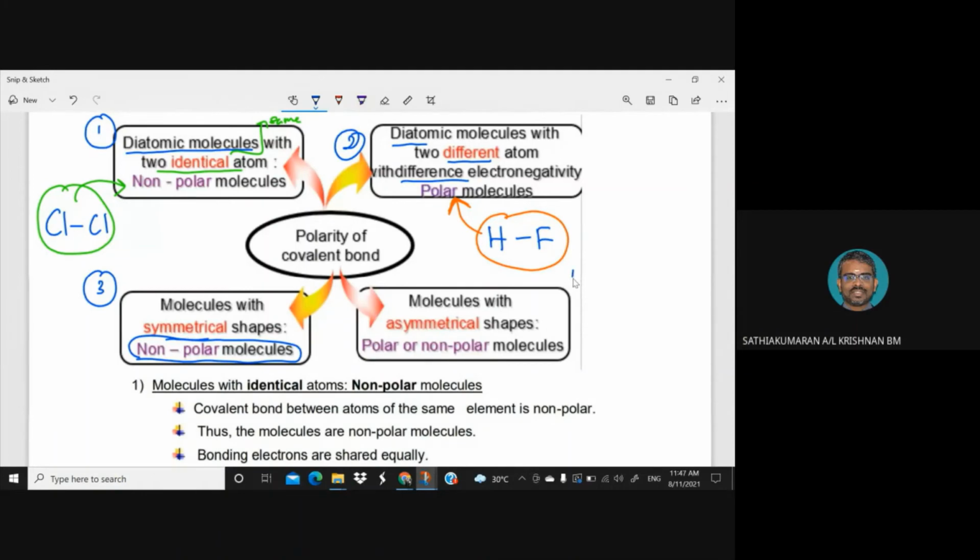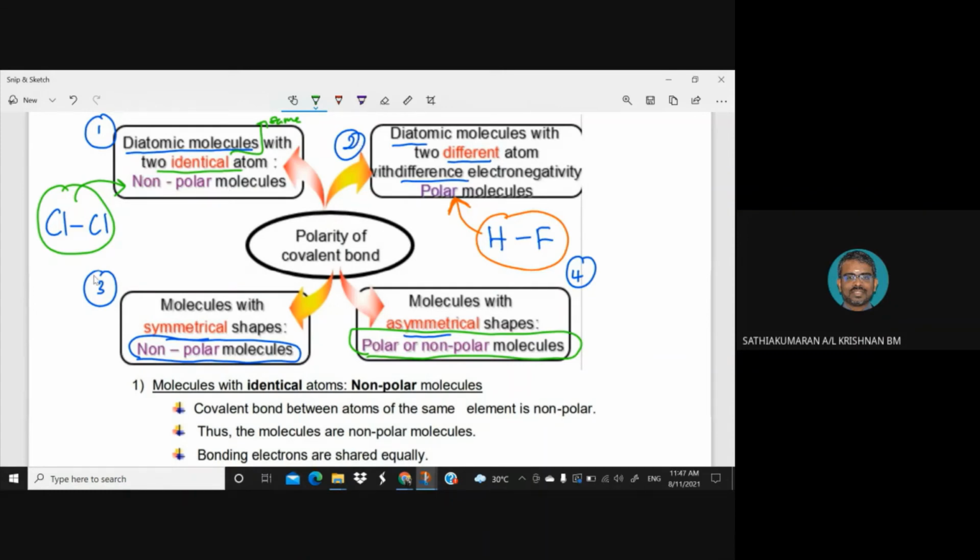Number 4: molecule with asymmetrical shape. That means the arrangement of the bond dipoles is not symmetrical. So your answer: the molecule can be polar or non-polar. I think 1 and 2 you can already understand because we already discussed them.